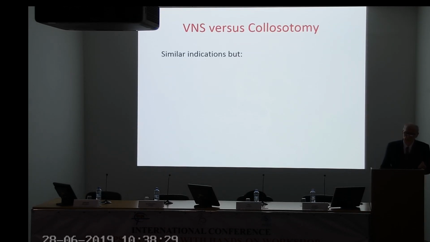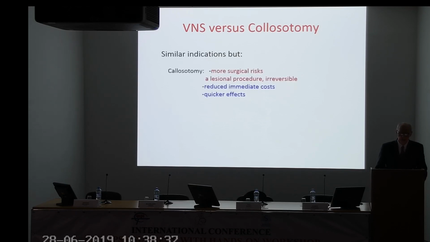What is the relationship between VNS and callosotomy? They are very similar indications because the choice of the patient could be rather similar, but callosotomy has more surgical risk, is a lesional procedure, therefore it is irreversible. It has a reduced immediate cost and a quicker effect.